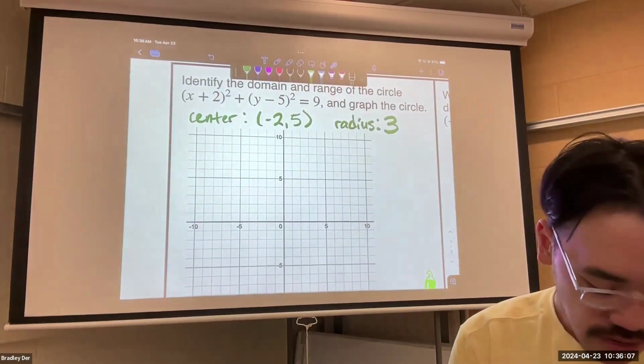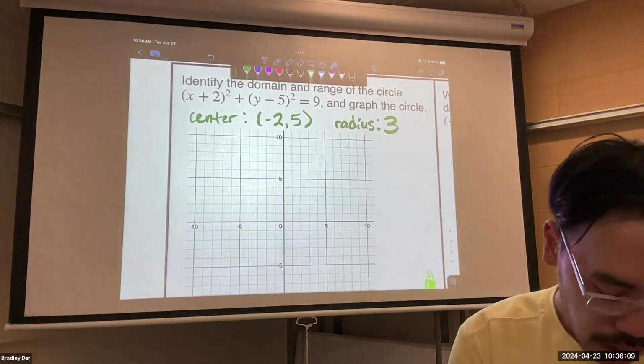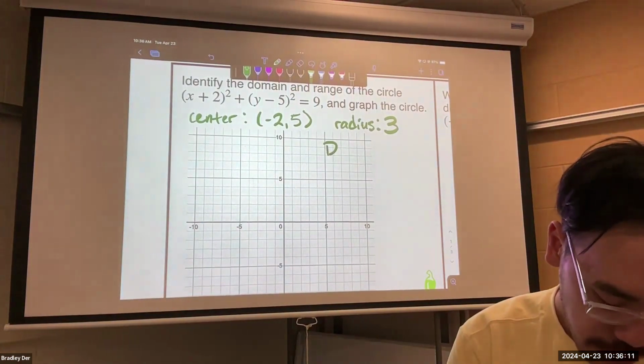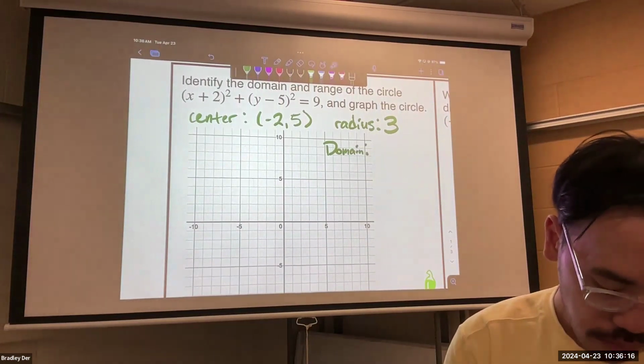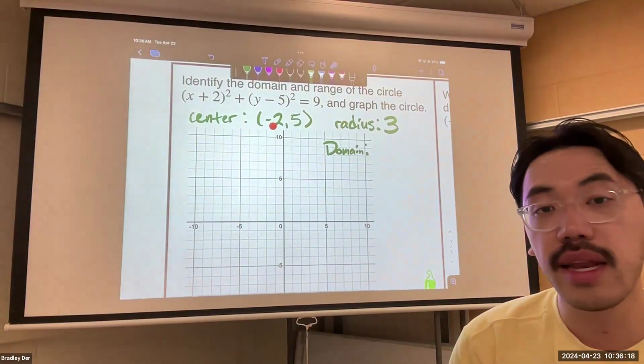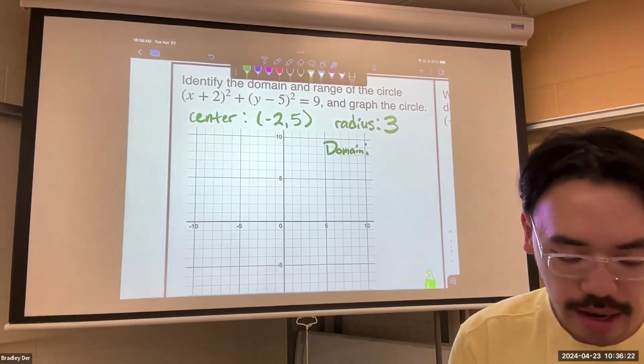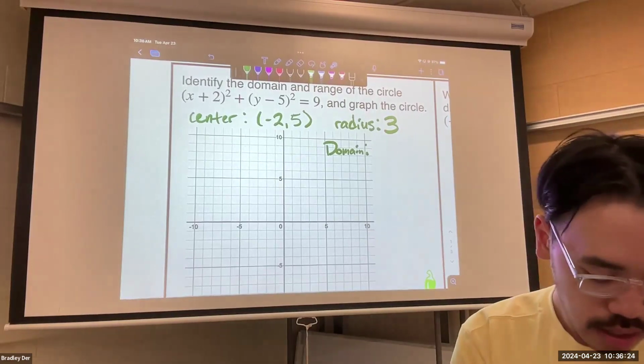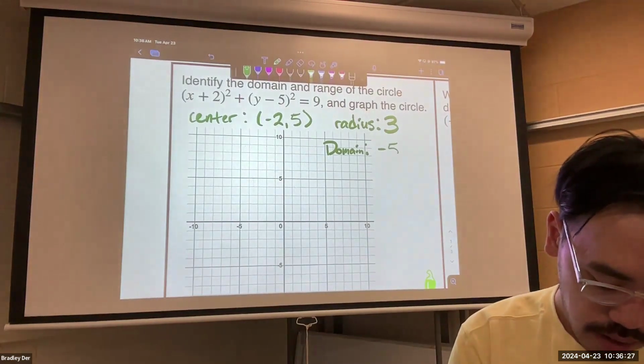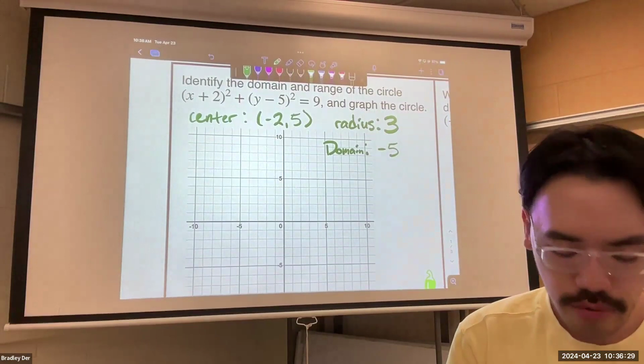Based on the fact that I have the center and the radius, I can figure out the domain. The circle centered at -2 will only go as low as -5 if the radius is 3, so -5 is the lower bound of this domain.